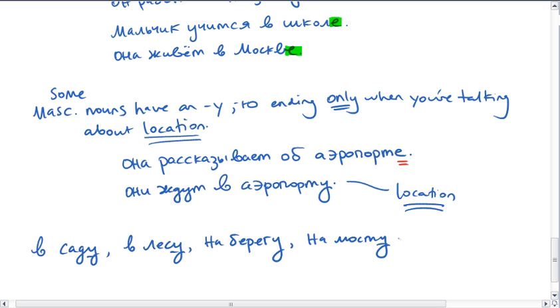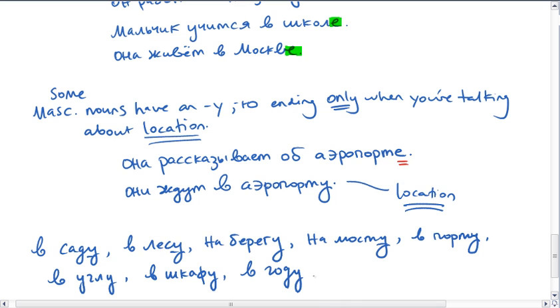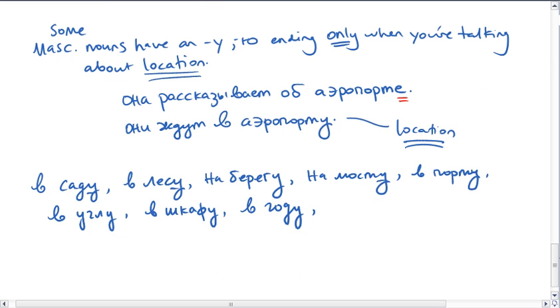На мосту, bridge, в порту, port, в углу, corner, in the corner, в шкафу, in the cupboard, в году, in a year, right?